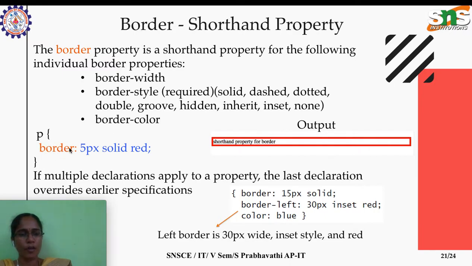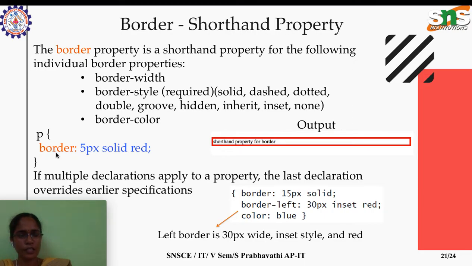So border colon, 5 pixels represents the border width, then style. Border style takes any one of these values: dotted, dashed, solid, double, groove, hidden, and a lot of other things. You go and explore by changing solid to dashed, dotted, double, like that. And border color you could give like this. All 3 properties could be given in the shorthand representation using this border property.